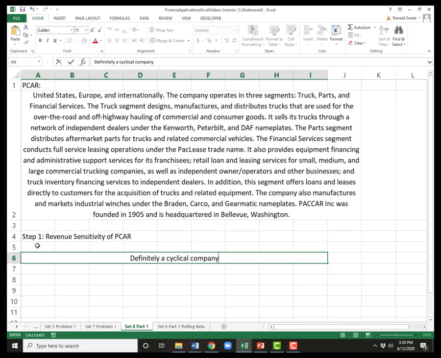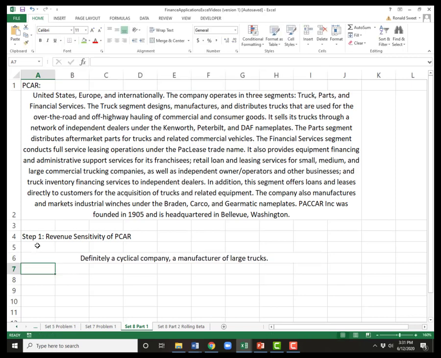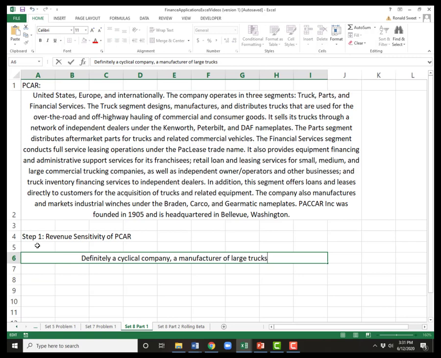Kroger's was definitely a defensive company. This is a cyclical company, a manufacturer of large trucks. We think about cyclical companies as those that create something that's not a staple. It's not something we buy all the time, but it's a product that is sensitive to the economy.